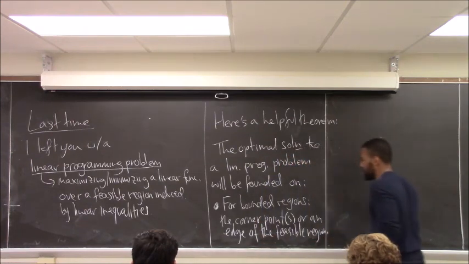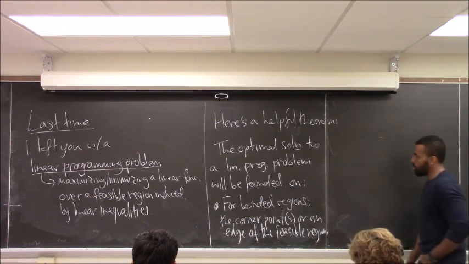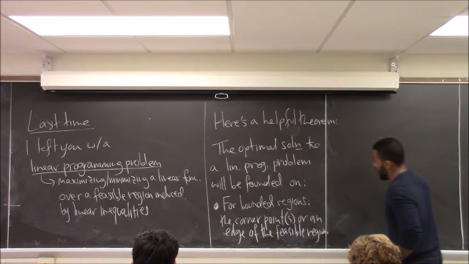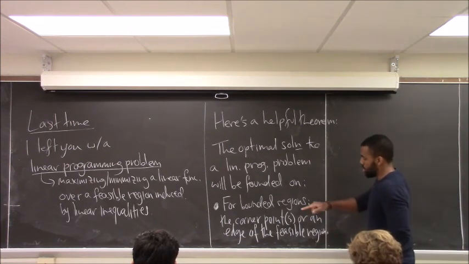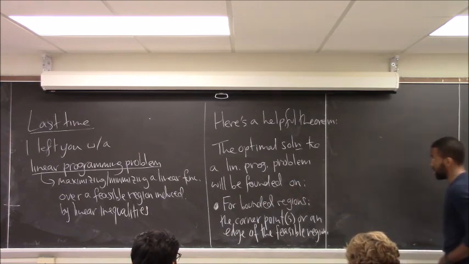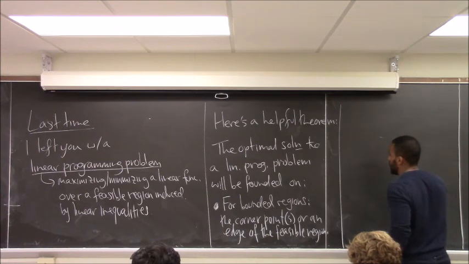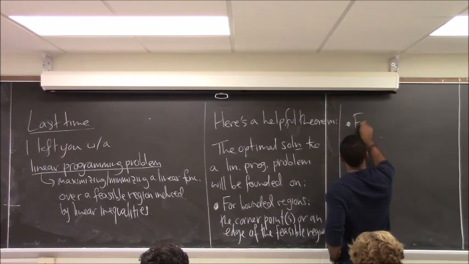Turns out for bounded regions, you can always find an answer. There's going to be some value that will make what you want work out. And if it's bounded, this value will either occur at a corner point or along an entire edge of the feasible region, guaranteed.